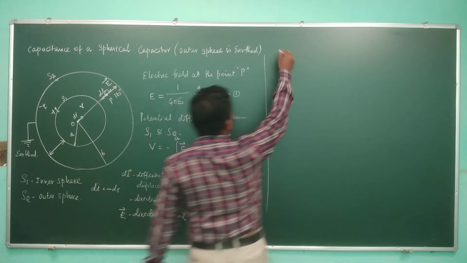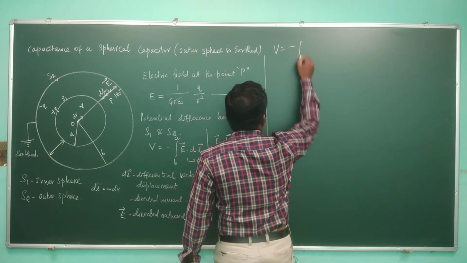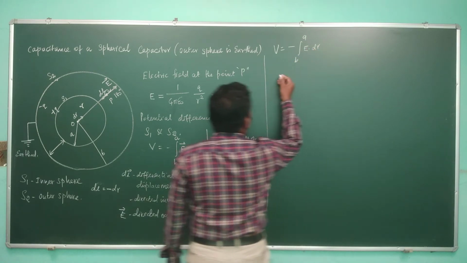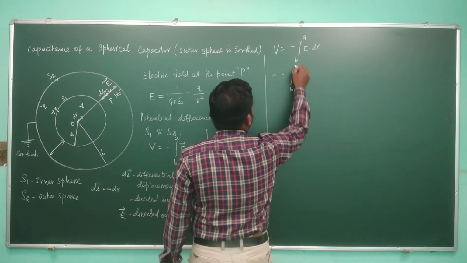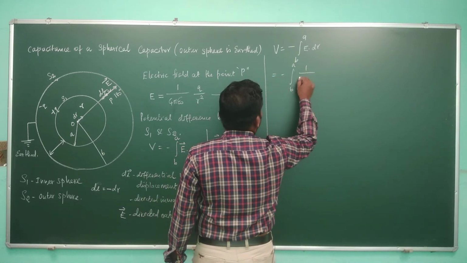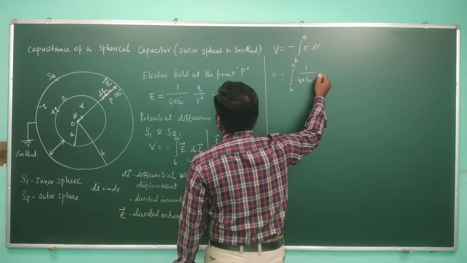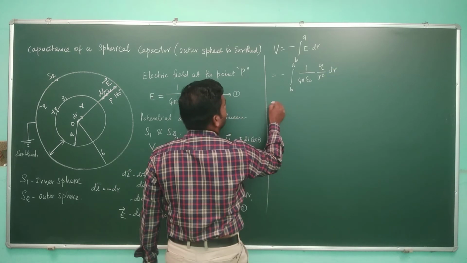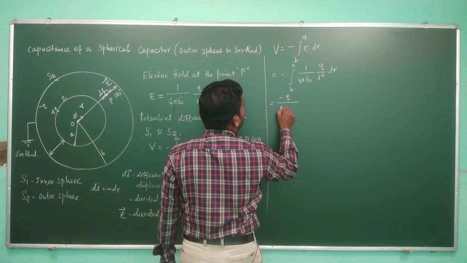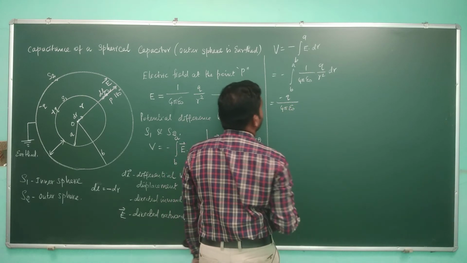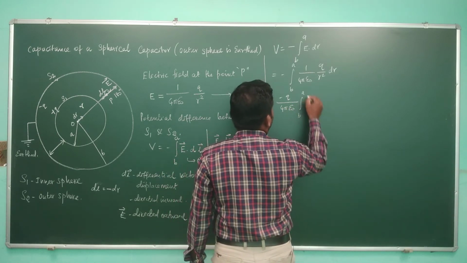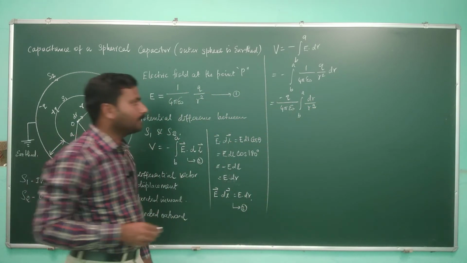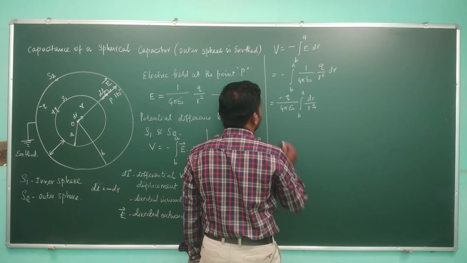Now we can write V is equal to minus integral of b to a E dot dr. Now we can substitute the expression for E, which is 1 by 4 pi epsilon naught q by r square into dr, where minus q by 4 pi epsilon naught are all constant. So integral b to a dr by r square remains. If you integrate 1 by r square, that will give you minus 1 by r.